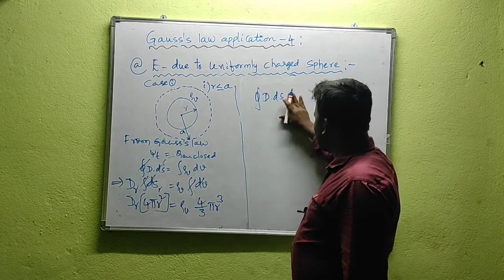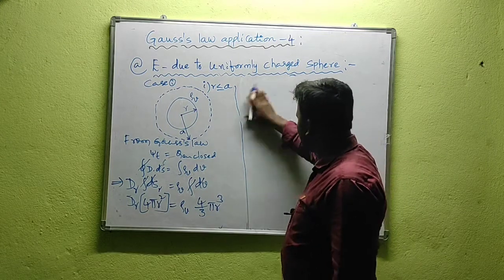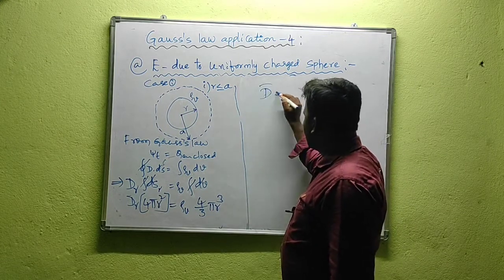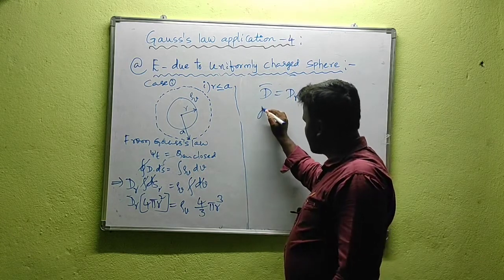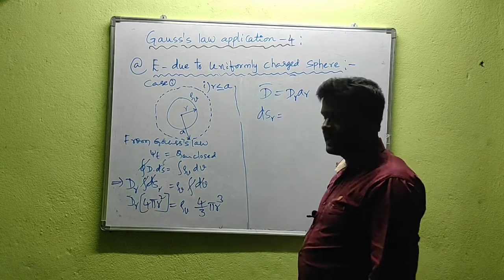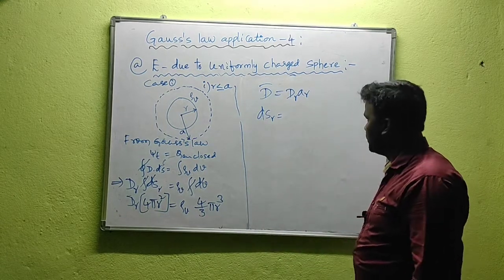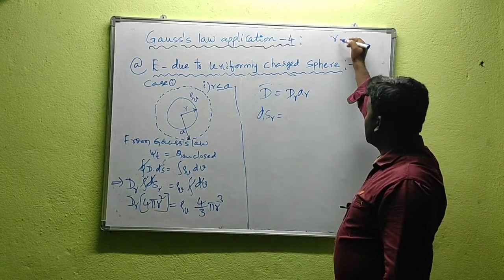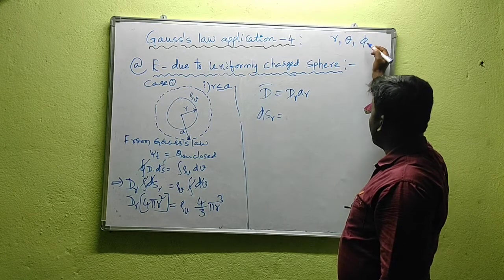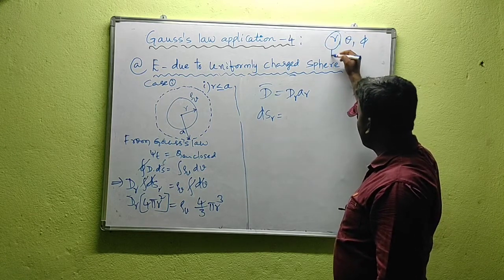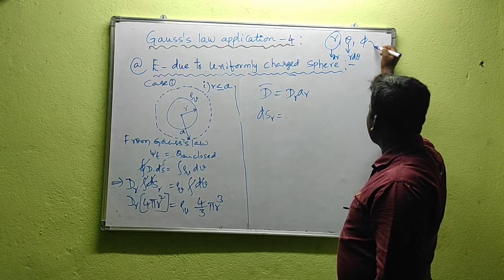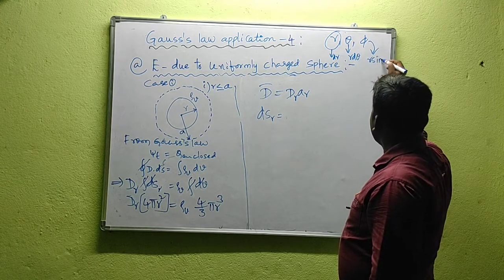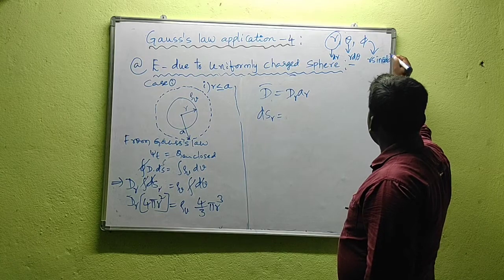For the symmetry of the charge distribution, D should be along the r direction. The differential surface area normal to r is nothing but, except r, we need to multiply the remaining two. What are the elements in the spherical coordinate system? r, theta, phi. For r we have the differential element dr, for theta, r d theta, and for phi, r sin theta d phi.